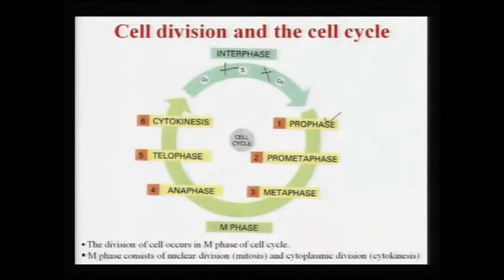And what are the 6 different phases? One is prophase, one is pro-metaphase, and the third one is metaphase. You can remember this if you apply some logic: prophase and pro-metaphase mean something before the metaphase.